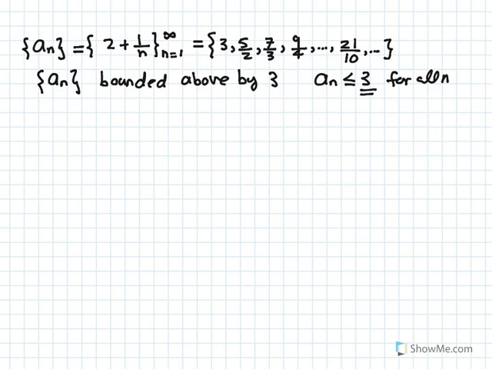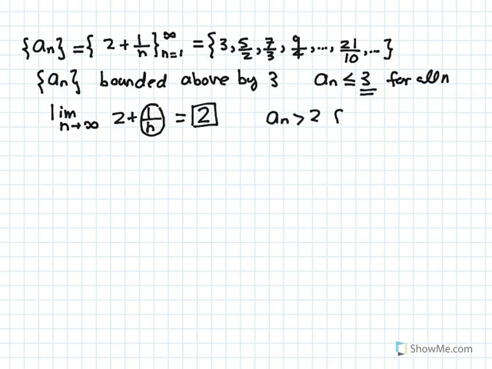Now, let's find a lower bound. So to find a lower bound, let's take the limit as n goes to infinity of 2 plus 1 over n. That's the general term of the sequence. 1 over n approaches 0 as n goes to infinity, so the result is 2. This is a lower bound. So clearly we can see that an is larger than 2 for all n.